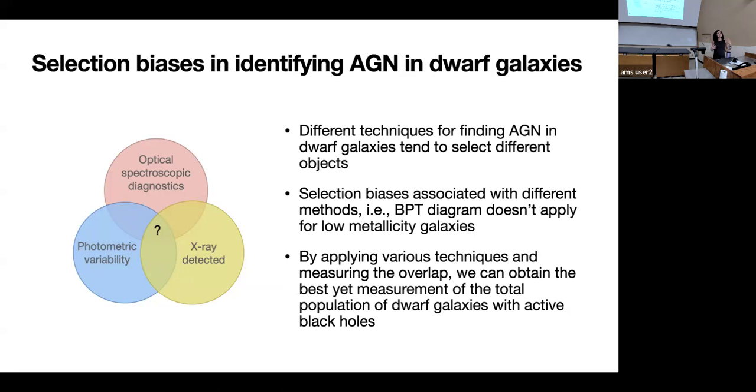And there may be some selection biases associated with these different techniques that we don't fully understand yet. But if we want to know what is the full population of black holes in dwarf galaxies, then we need to understand the selection biases associated with these different selection techniques and study how they overlap, right? So this is how we can obtain our best observational constraints on the population of black holes in dwarf galaxies.